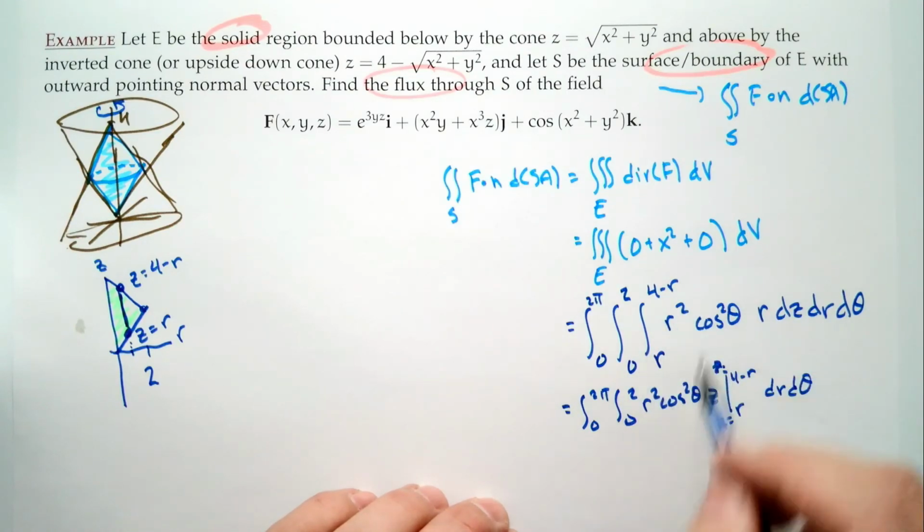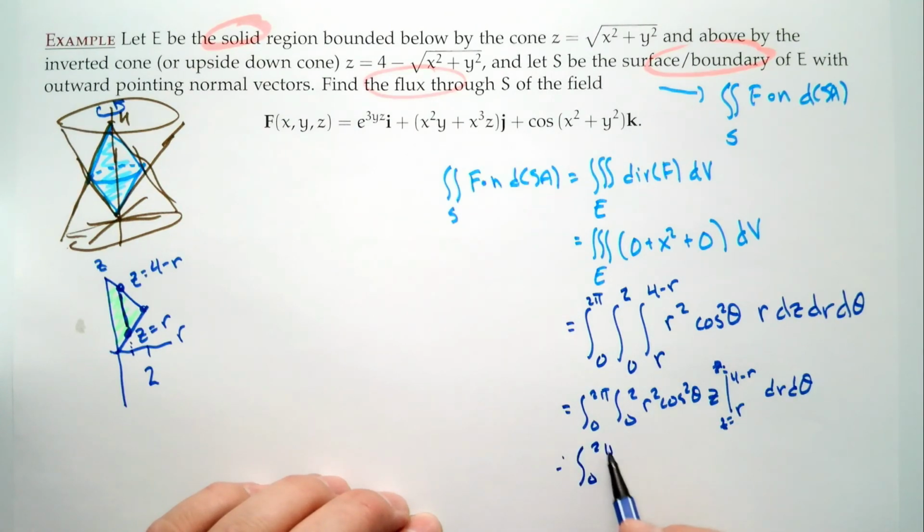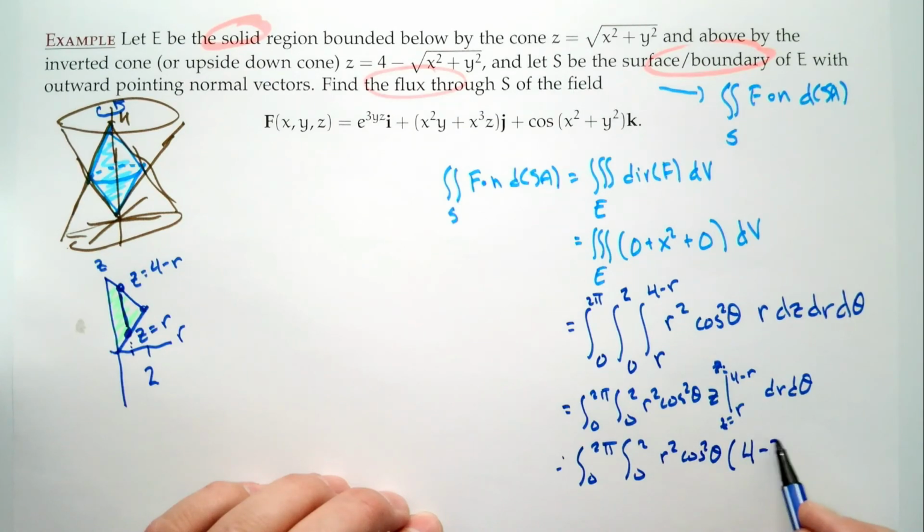Because I have variables in the bounds. So when I have variables in the bounds, don't split them up. Now, when you evaluate, I'm going to get the integral 0 to 2 pi, 0 to 2 of r squared cosine squared theta, 4 minus r, or also known as 4 minus 2r, dr d theta.